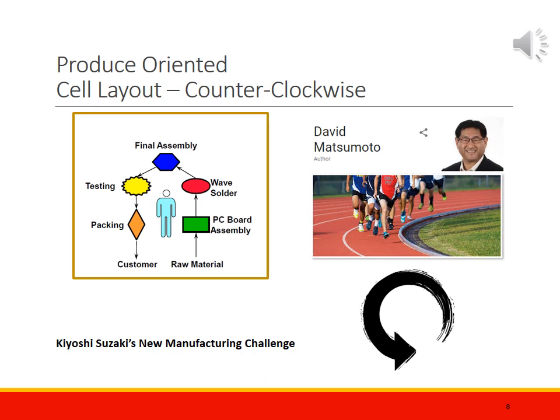David Matsumoto, a lean author, actually went and looked at some studies. I have never actually experienced this myself, but he says there's a reason why every track in the world runs counterclockwise. Think about it. Every running track you've been to, which direction does it run? Counterclockwise.